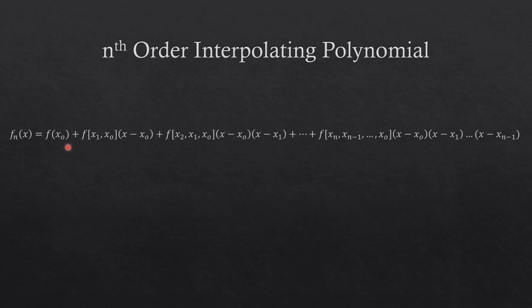It is equal to f of x sub 0 plus the first finite divided difference, f of x sub 1, comma x sub 0, multiplied by x minus x0, plus the second finite divided difference, f of x2, comma x1, comma x0, multiplied by x minus x0 and x minus x sub 1, and so on, plus the nth finite divided difference, f of x sub n, comma x sub n minus 1, and so on, comma x sub 0, multiplied by x minus x0, x minus x1, and so on, and x minus x sub n minus 1.